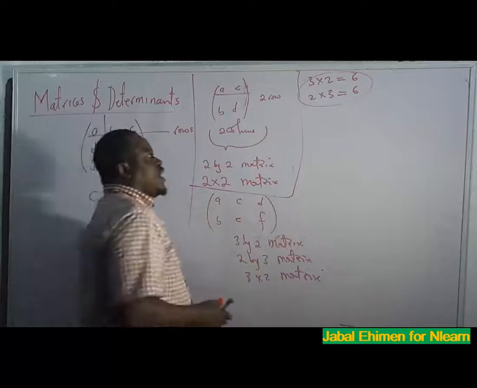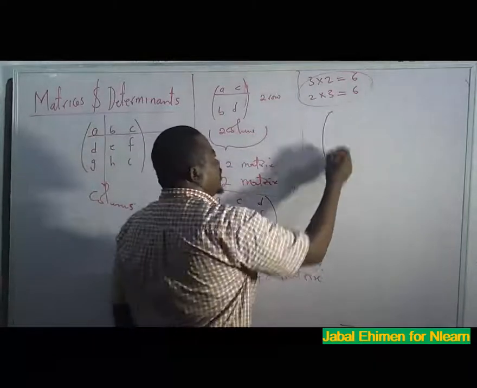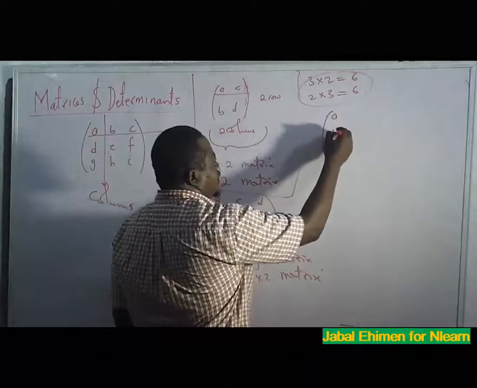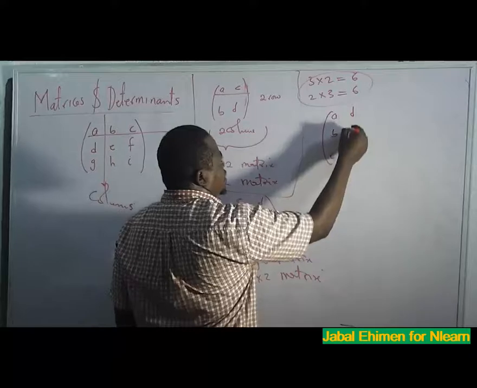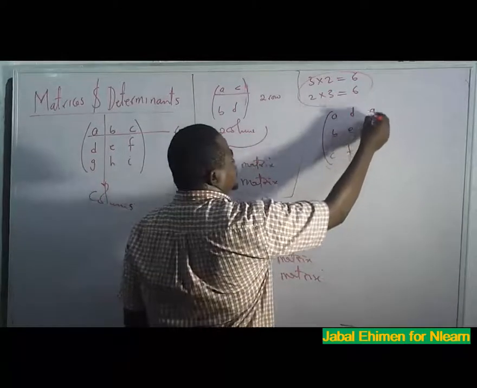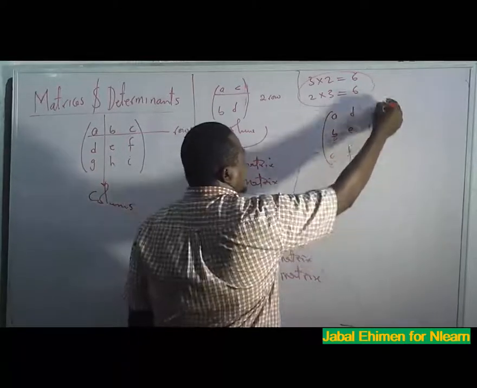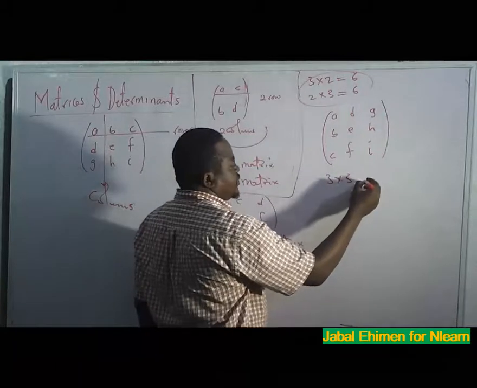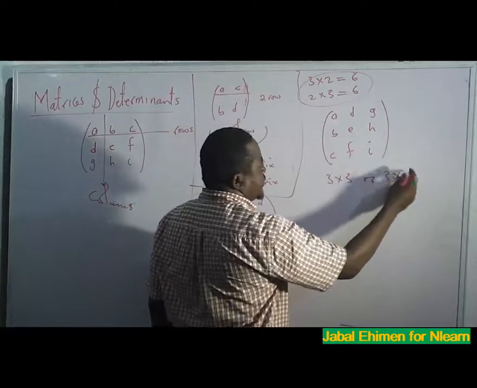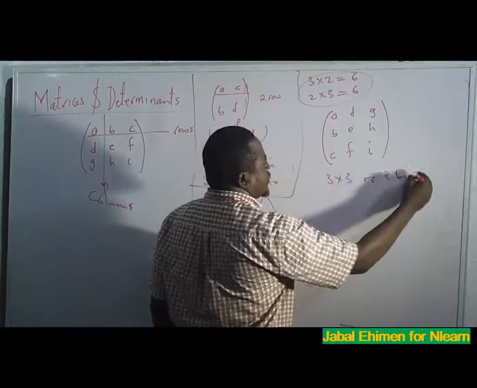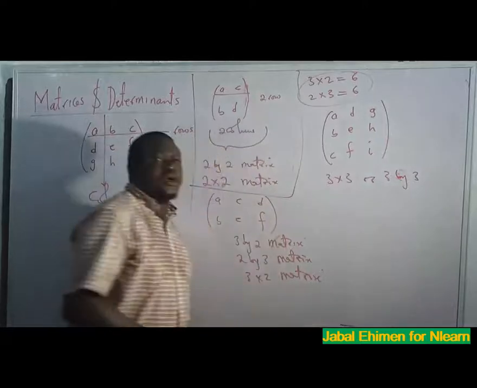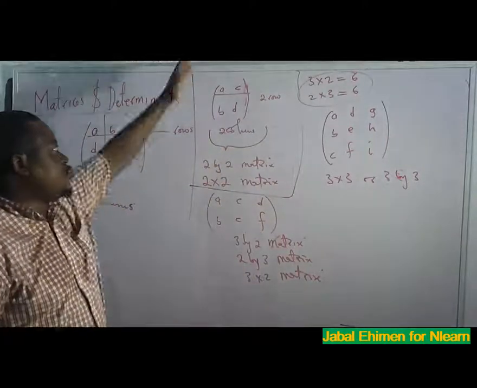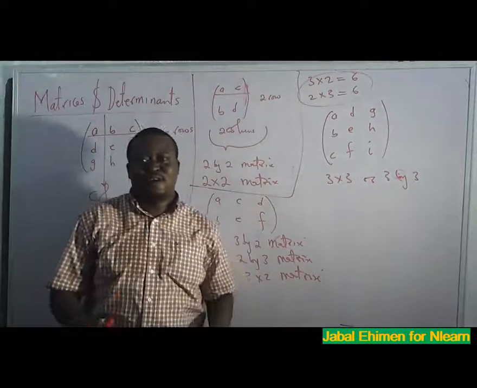But what about if you have one with A, B, C, D, E, F, G, H, I? This will be 3 times 3, or a 3 by 3 matrix. So we now understand what a matrix is all about.